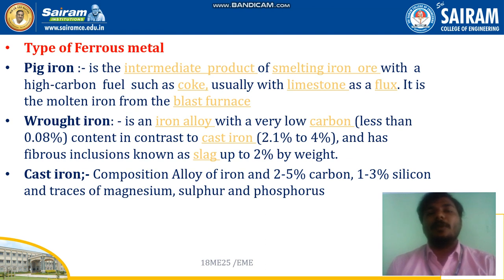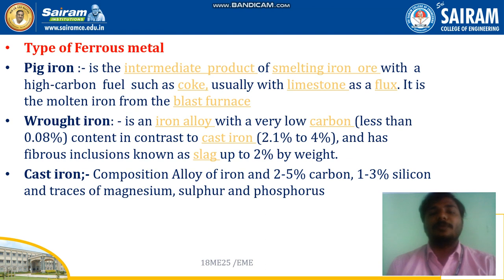Before discussing these types of metals, we should know about the furnace. A furnace is where we melt iron metals into liquid form. We pour that liquid into shapes made for the manufacture of a particular product.